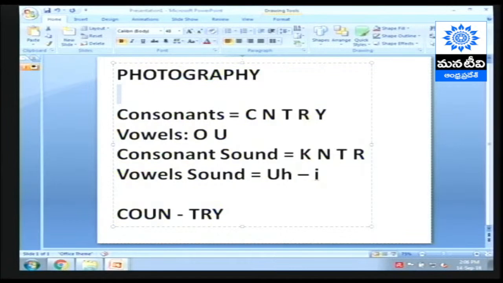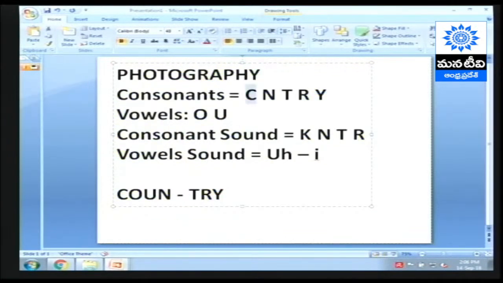Now, how many consonants do I have here? P, H, T, G, R, P, H, Y. These are the consonants. What are the vowels? I have O, then O again, then A. So, O, O, A.